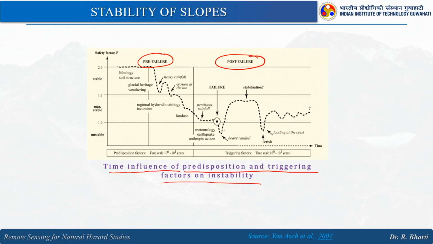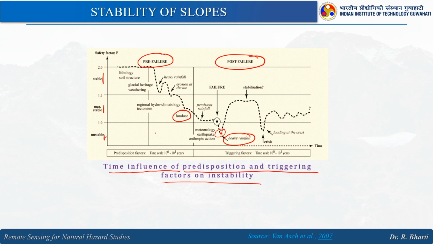Here you can see this is because of the heavy rainfall, this point is here, and this is unstable, this is stable, right. So, this is metastable. Now here you can see that because of the high rainfall, this unstable zone is coming, right.